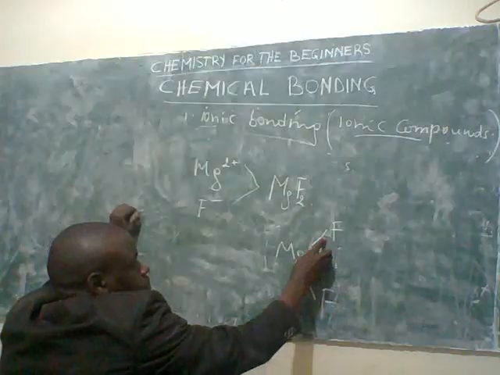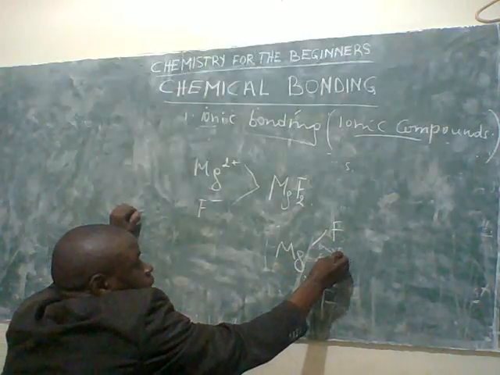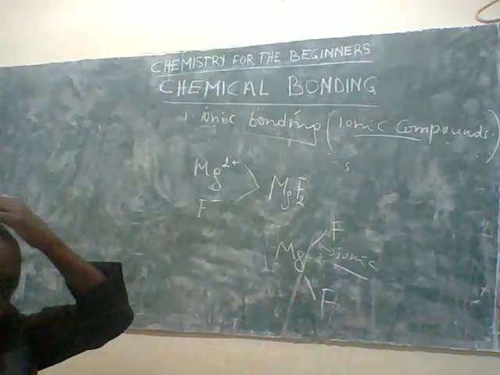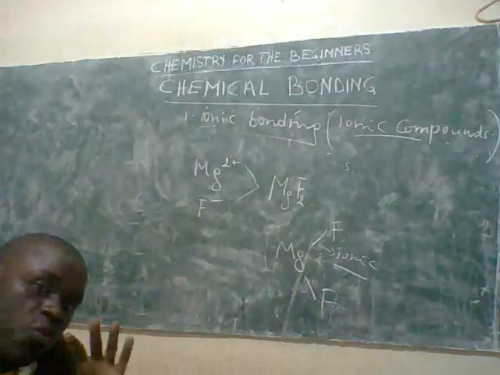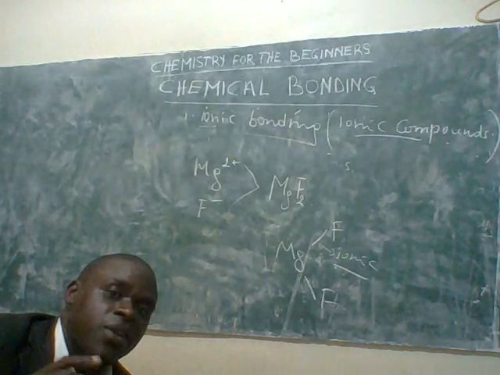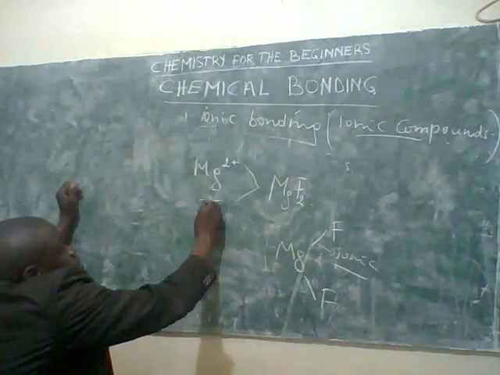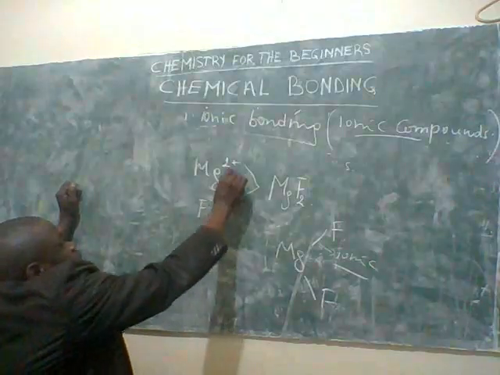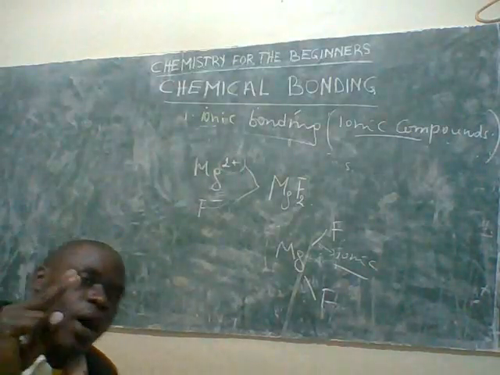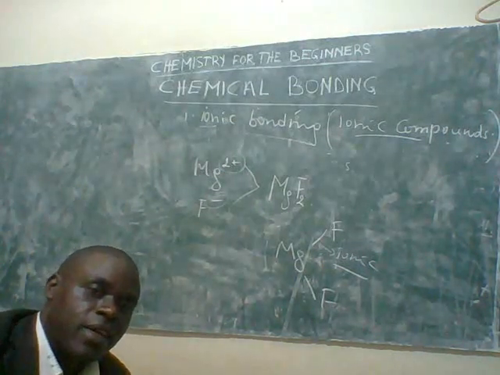This connection between here and here, we can call it ionic, depending on the knowledge that we have so far. We can call it ionic, because this was positive and this was negative. They are two ions, and they are combined together.